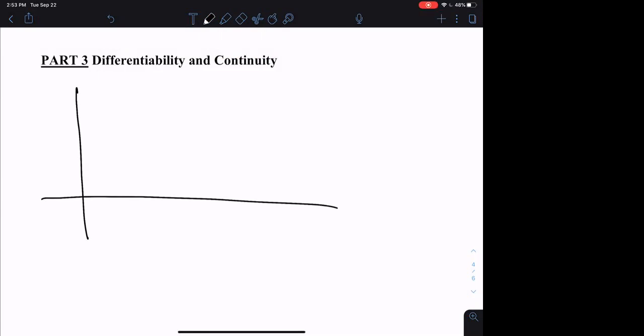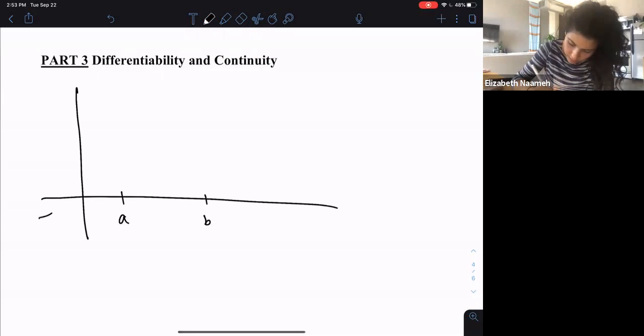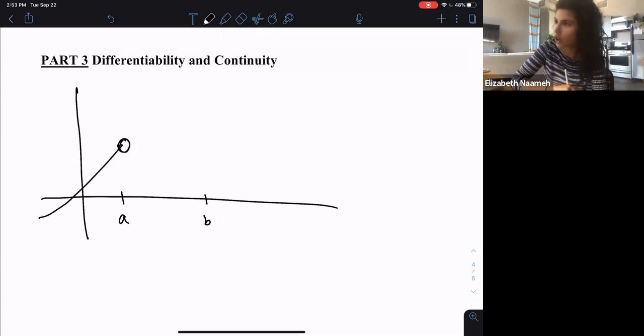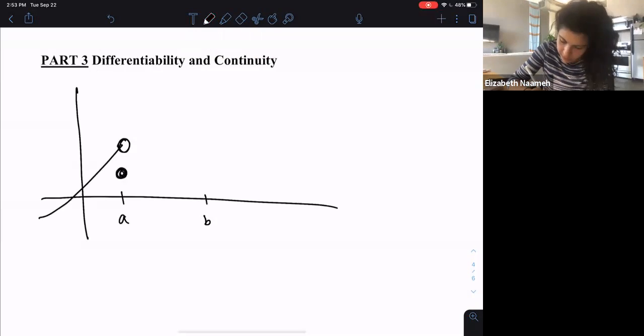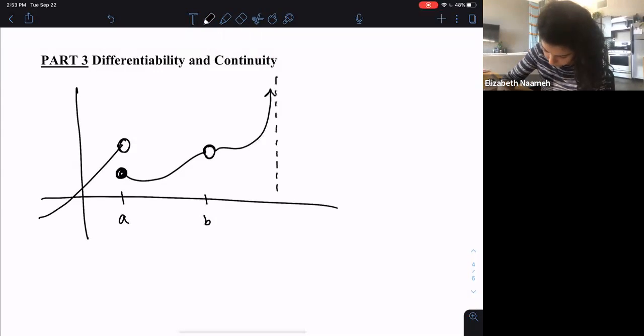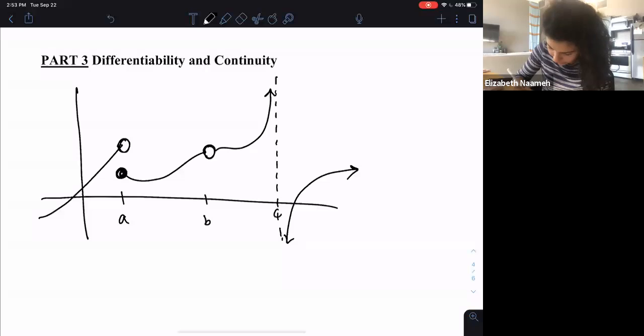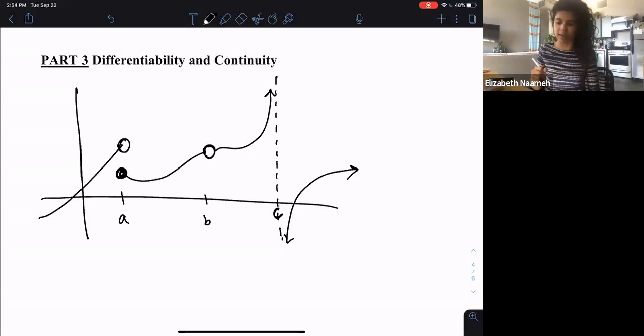Okay, so let's label points A and B. If I have an open circle on A, and then it continues, let's take it over to B, open circle there, then we're going to continue straight up, and we're going to go like that, and that's at C. Okay, so we have A, B, and C.